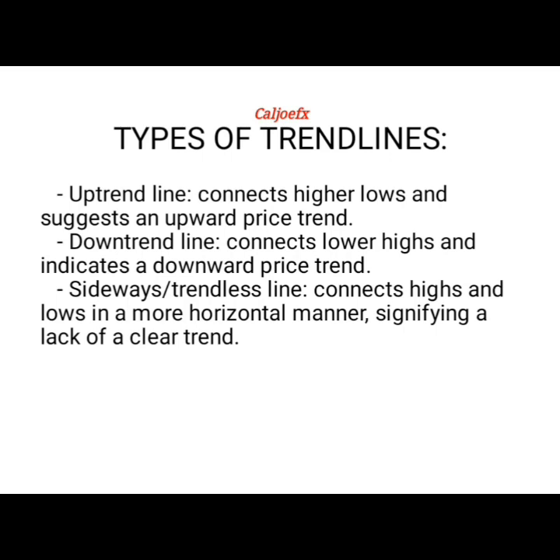When it comes to charts, you draw trend line starting from the major trend line. Many people may not tell you that, but you have to draw from the major trend line before you come to the minor trend line. I'll get to that. Now let's look at types of trend lines.